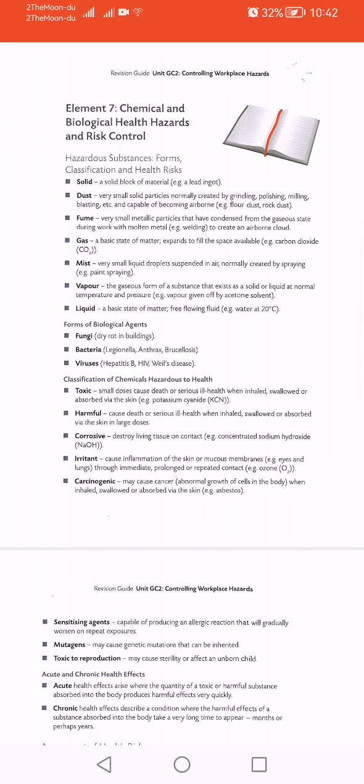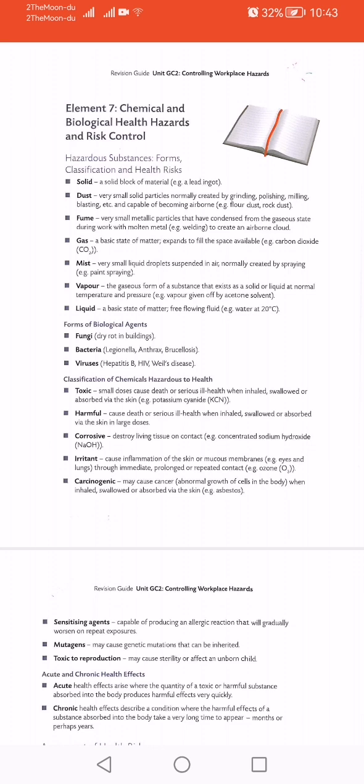Then mist, very small liquid droplets suspended in the air, normally created by spray. So it's like a spray, certain droplets in the air that can affect, same like corona, the spreading of airborne disease also. Then vapor. Vapor is the gaseous form of a substance that exists as a solid or a liquid at normal temperature and pressure.